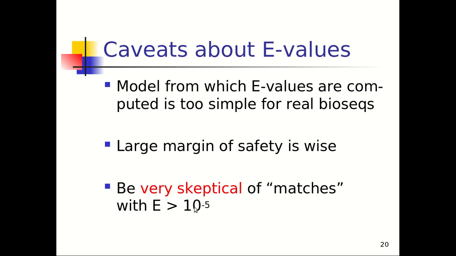In other words, 10 to the negative 6th is good, 7th is better, 8th is just wonderful. If you get negative 10th, they're pretty much identical. But E-values that are large, in other words 10 to the negative 2nd, that's not good enough. That E-value is too big. We would reject that. So just keep in mind how this works.